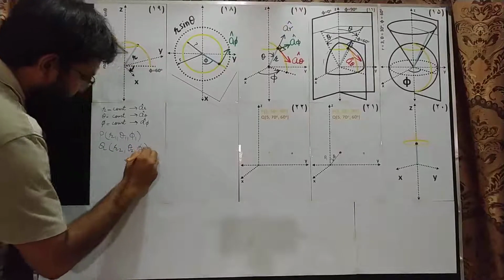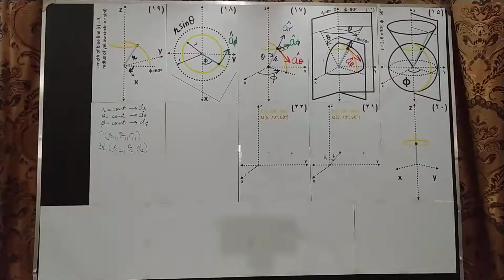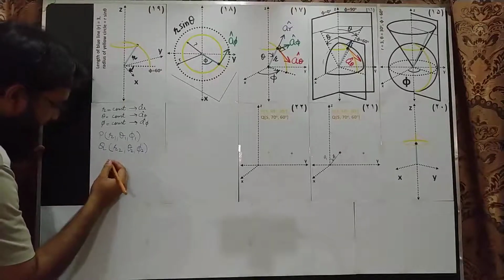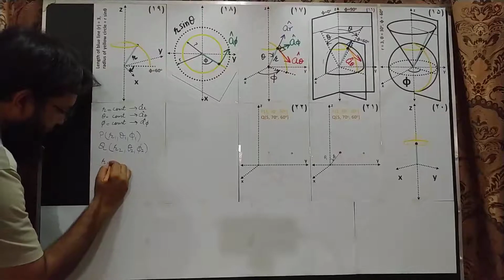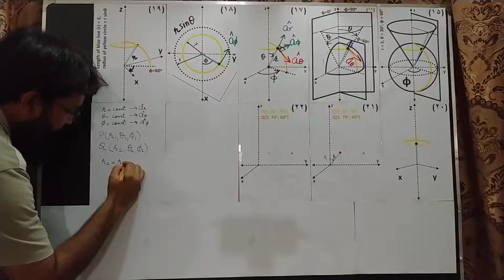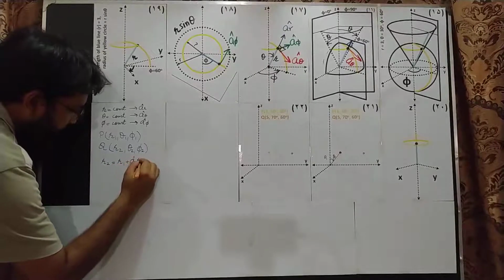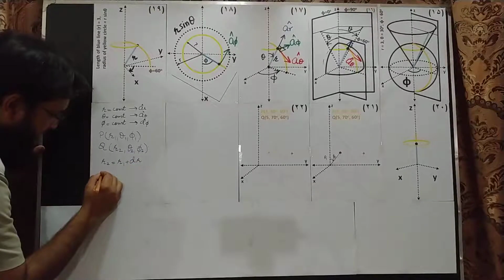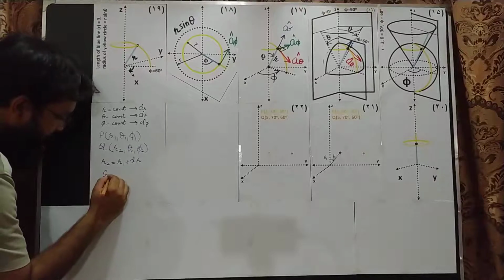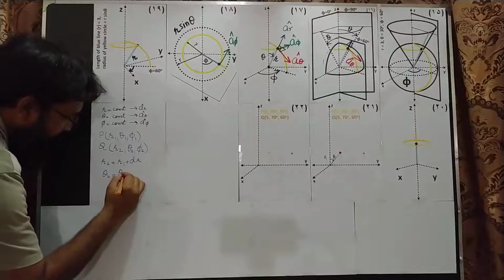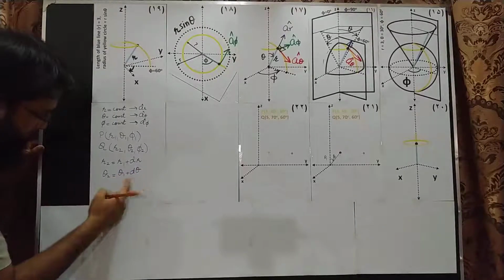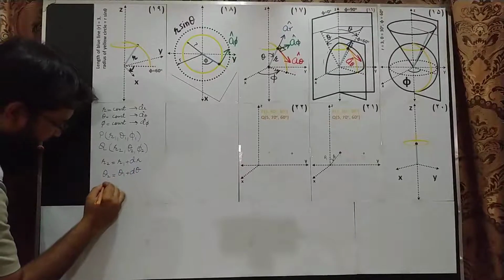I hope you are able to see what I'm writing here. And the relationship is something like this: r2 is nothing but a slight increment in radius, r1 plus dr, and theta 2 is nothing but a slightly wider cone, theta 1 plus d theta.